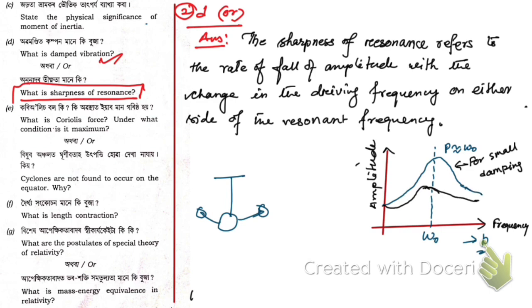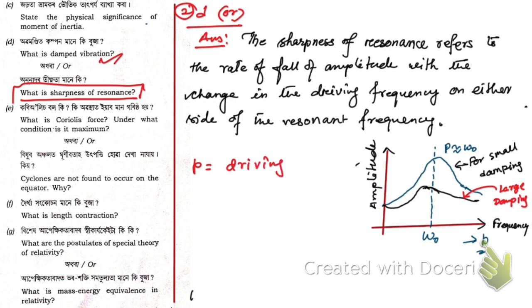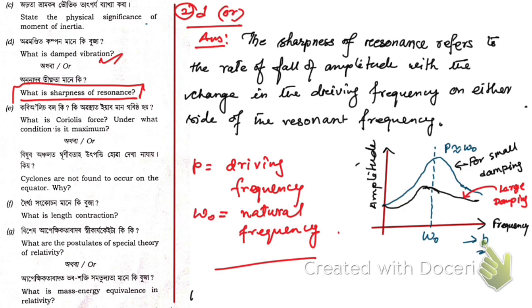This is for large damping. So you must draw the graph, where P is the driving frequency and omega naught is the natural frequency. Right. So now this answer is completed.